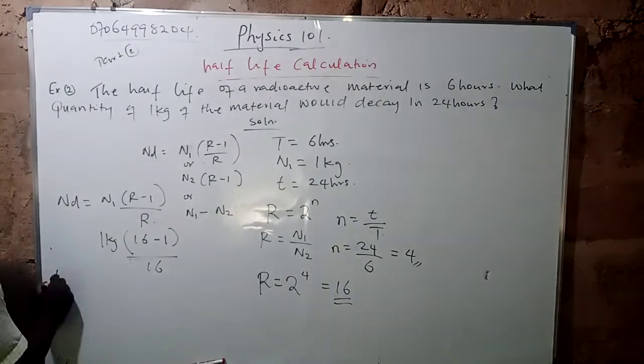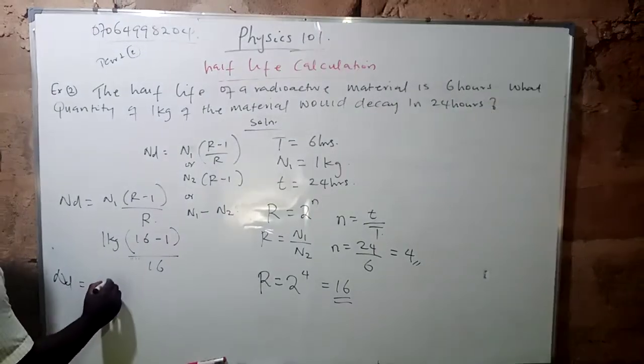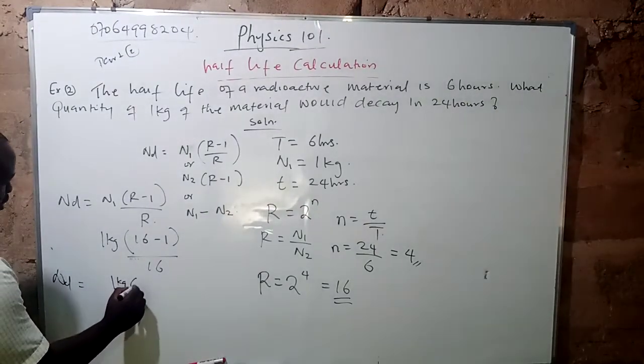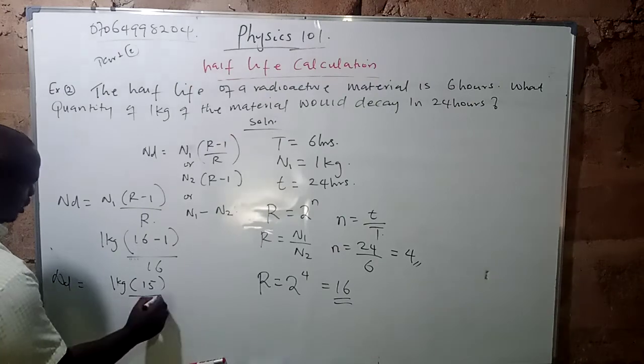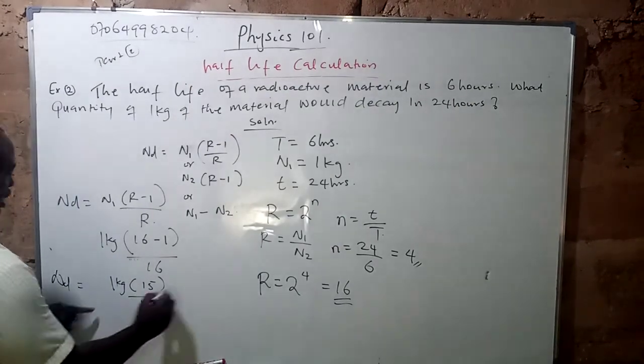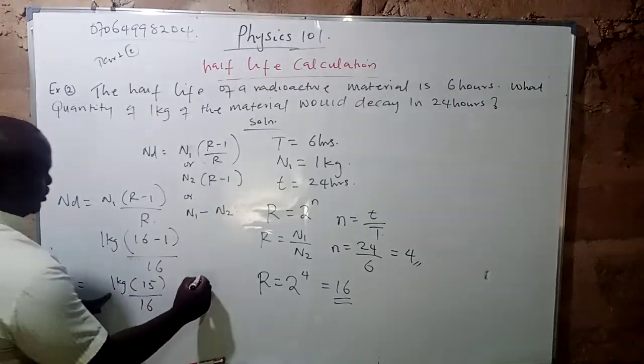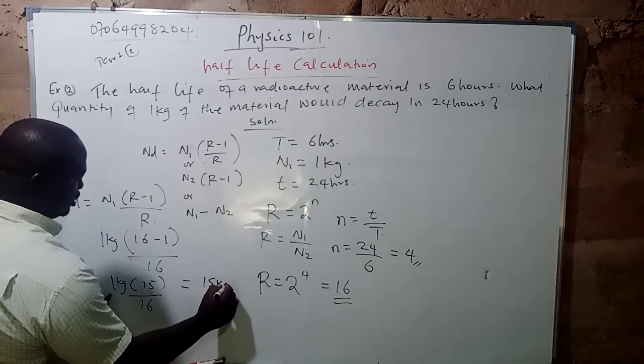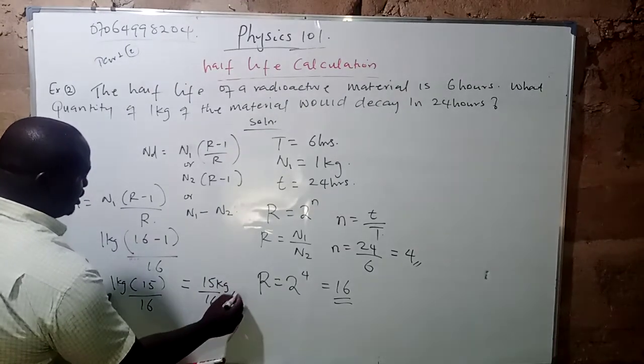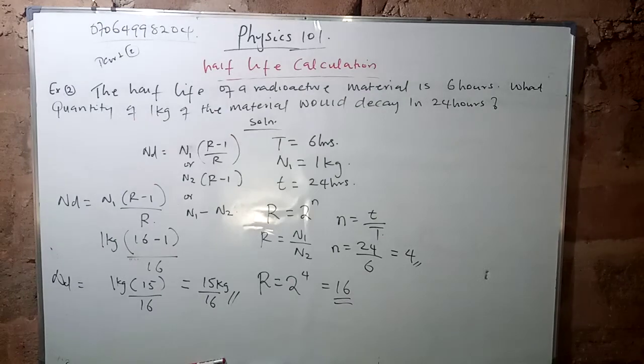So your ND is now equal to 1 kg into bracket 15 all over 16. And this will give you 15 kg all over 16. So that should be the answer.